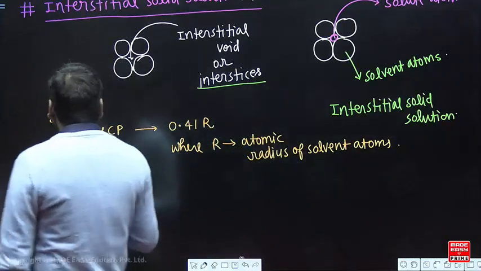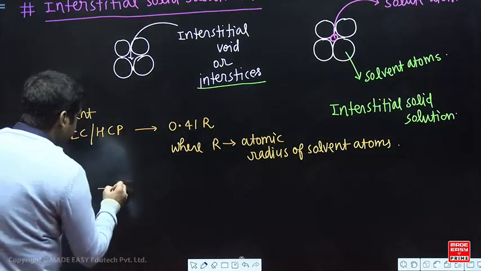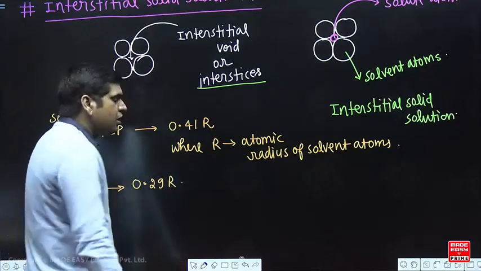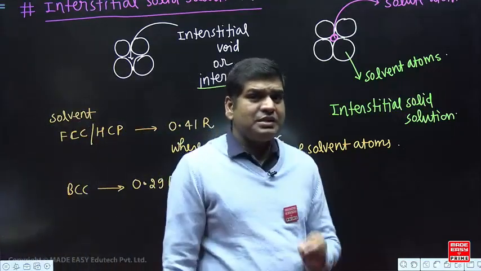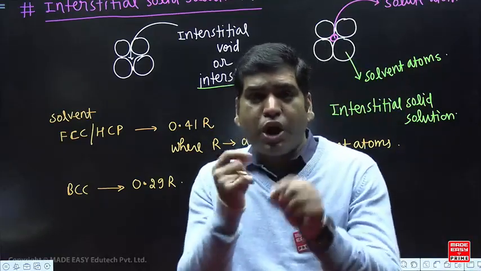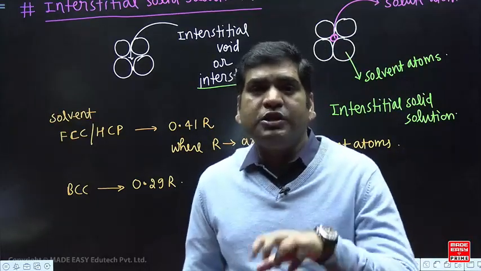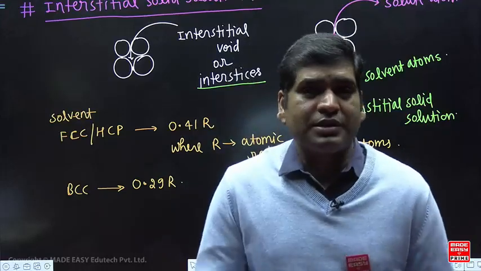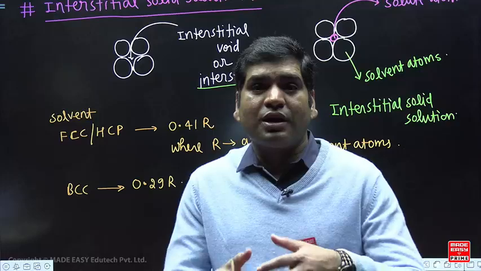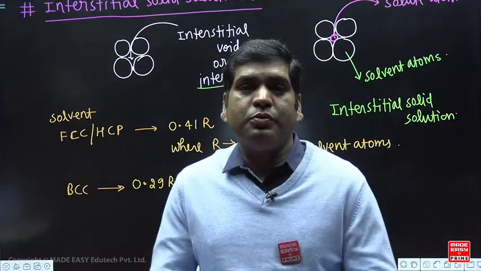But if solvent is BCC structure, then this size is 0.29 R. So it means in BCC solvents, interstitial void is smaller, so solubility of impurity atoms would be lesser. But in FCC structure, interstitial voids are larger, so solubility would be higher.